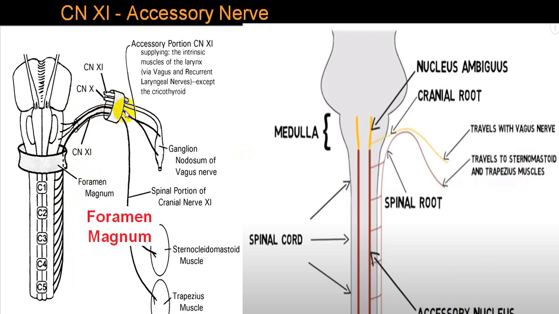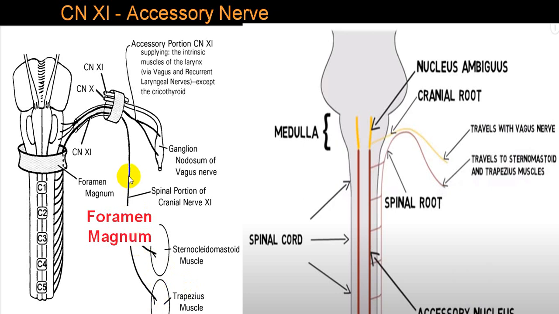Then cranial root will get separated out, and that will run along with the vagus nerve, and then it will supply muscles of pharynx, larynx. While this is the spinal root portion, and after coming out of the jugular foramen, it will supply two muscles, sternocleidomastoid and trapezius.